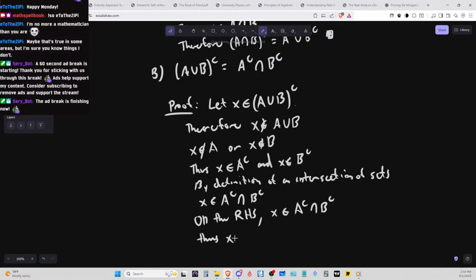Thus, X is an element of A complement, and X is an element of B complement.